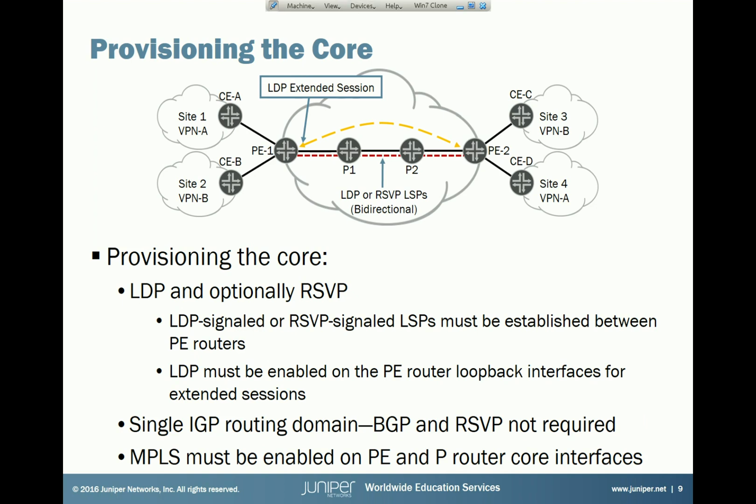Regardless of whether you use it in your core, you need at least to enable it under your loopback interfaces. That is because the loopback interface is where the targeted session from the remote PE is going to terminate. So it's going to be a session between loopback addresses. Then you need to have a full mesh of transport LSPs in your backbone.